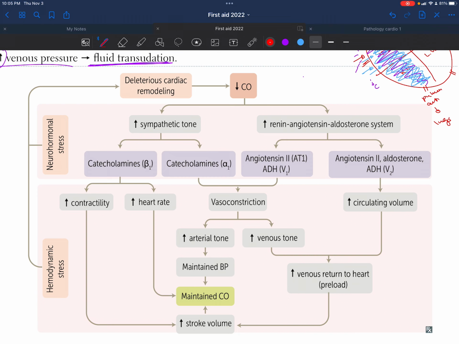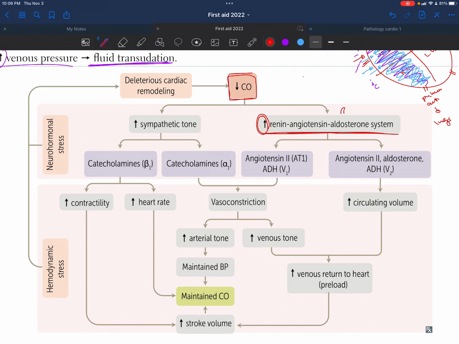So if the body senses that the cardiac output is reduced, the heart is not pumping well, it will activate two parts. It will activate the first system. It's a process through the kidney, then the lungs, and then affecting the vessels. But mainly, the first step is activating the renin, angiotensin, aldosterone system.